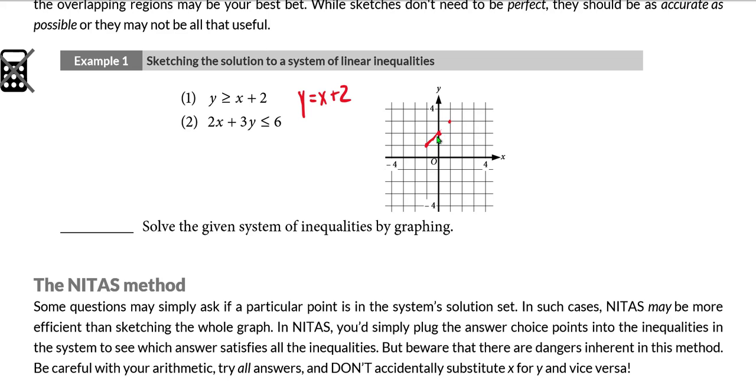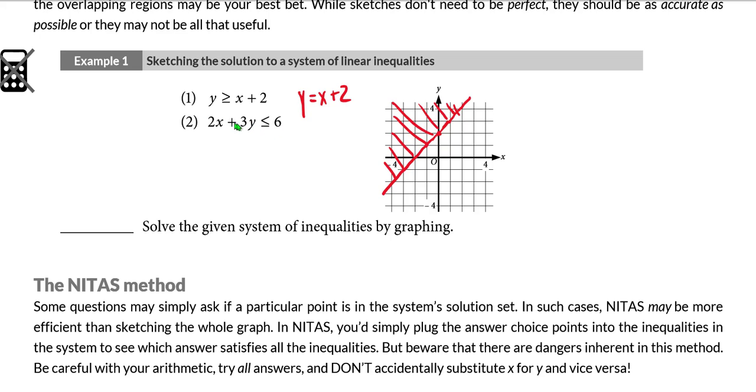So what line do we have? We have this line, and that line is solid because we have a greater than or equal to symbol here. And now the shading, remember that greater than we do shade above the line. So I'm going to shade over here. And now the second line is in standard form, not slope-intercept form like the first inequality was. So what do I do here?